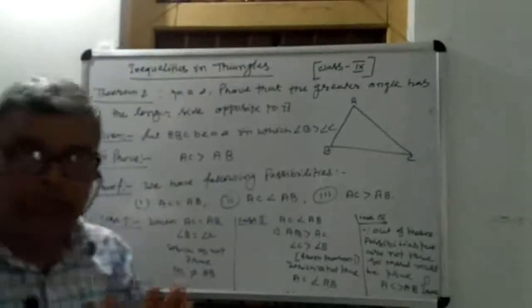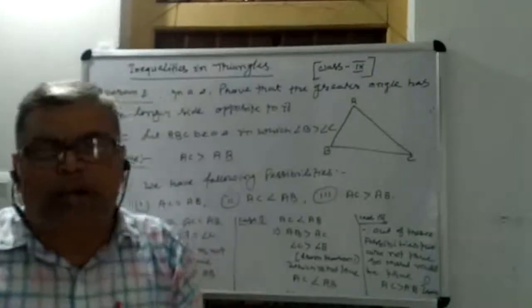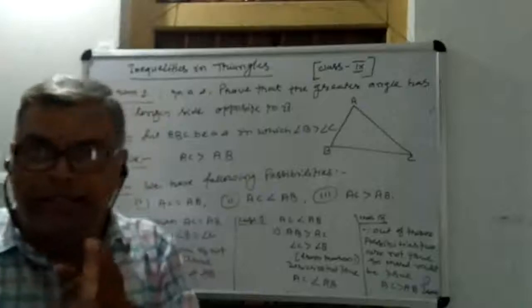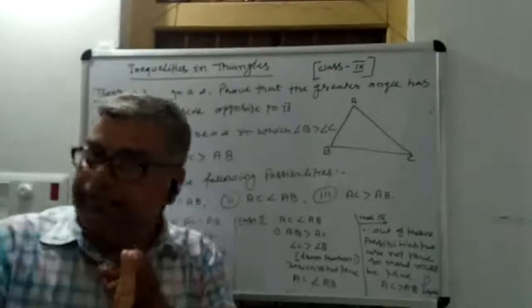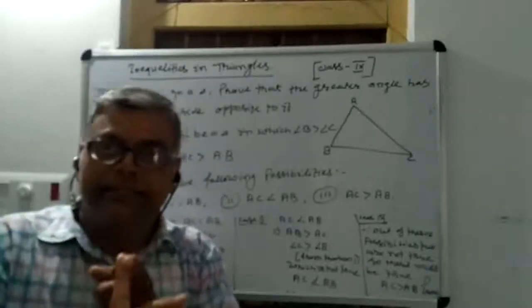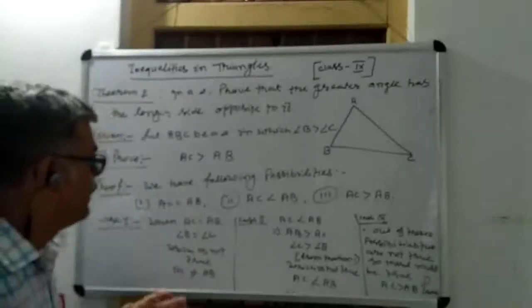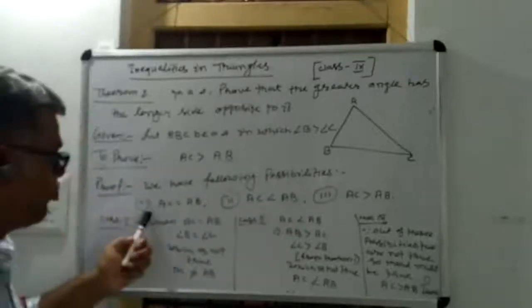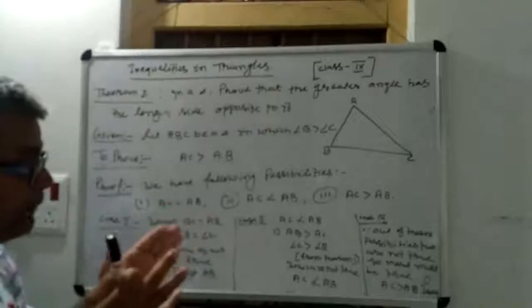Now we think, when we compare between the two sides of a triangle, what are the possibilities? Number one, either the sides are equal, or one side is smaller than the other side, or the other side is smaller than the first side. These three possibilities only occur. So we are comparing AB and AC.